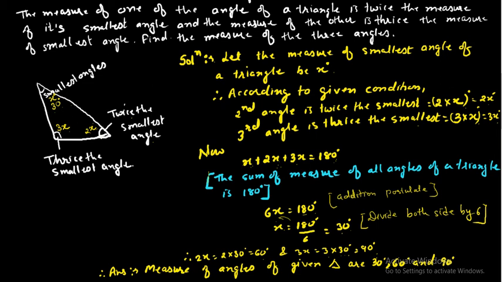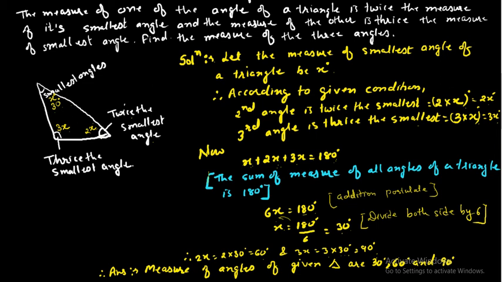And the other condition, that the measure of the other is thrice the measure of the smallest angle. Thrice means 3 times, and see, the third angle is thrice the smallest angle.